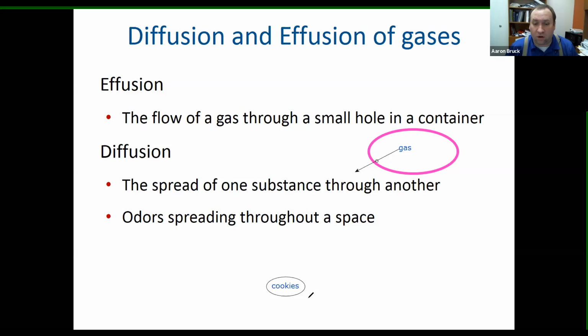And that odor starts here at the cookies, but eventually it's going to start to move its way out from the cookies to the other parts of the house.